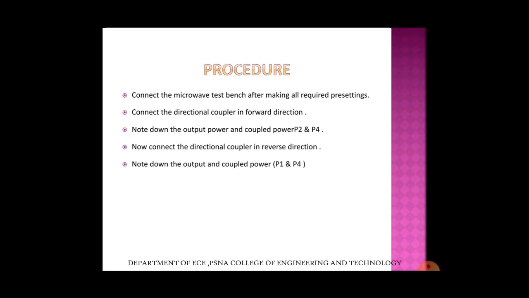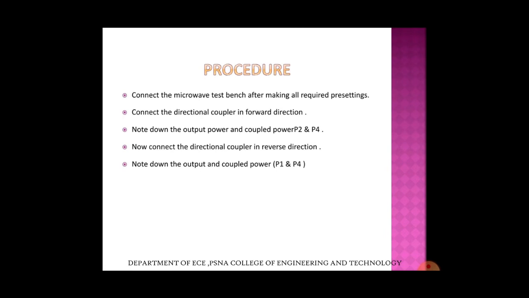Now the procedure for how to measure the power from the output port and coupling port of the directional coupler. First thing, switch on the klystron as per the procedure. Then we have to connect the test bench to take the input power. After taking the input power, we have to connect the directional coupler in the forward direction.